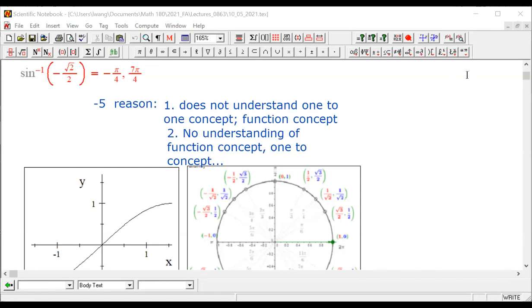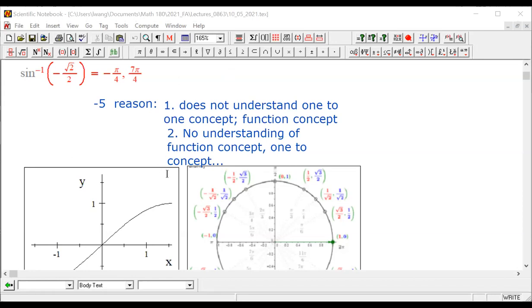Function, one-to-one, right? We still are in the theme of function. A violation of function, 1 input, 2 outputs, that's not a function, not a one-to-one.